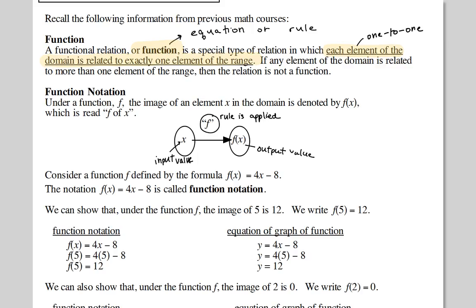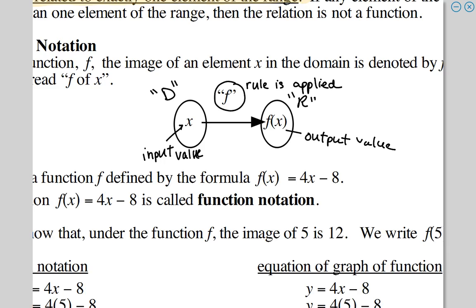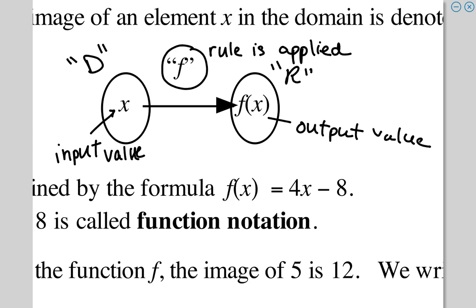This left side you might remember as the domain, and this right side you might remember as the range. This is just the space. You could think of it as like the universe. So for the inputs, they call it the domain. That's where they all live, and then the function is applied, and now they're over here and they're in the range.